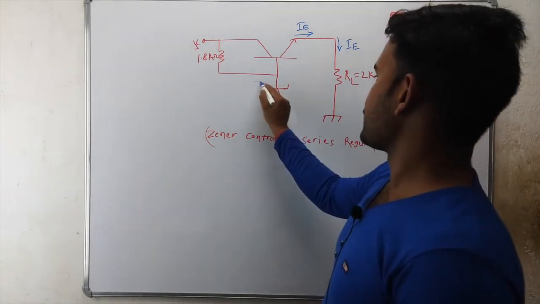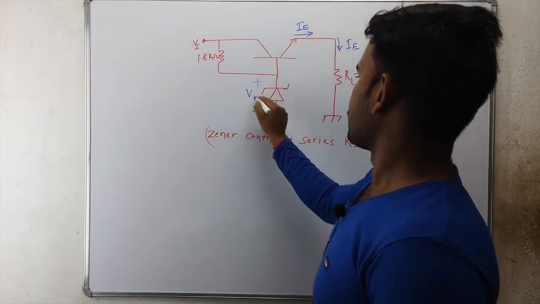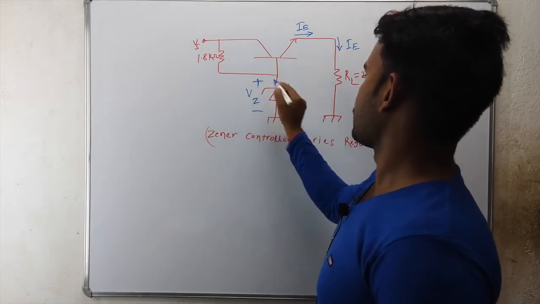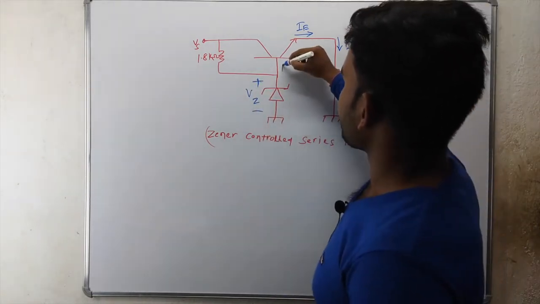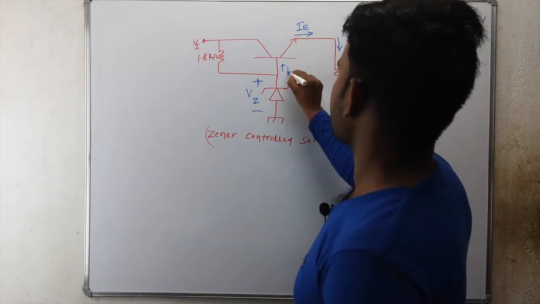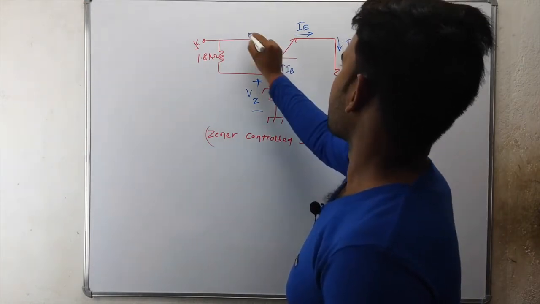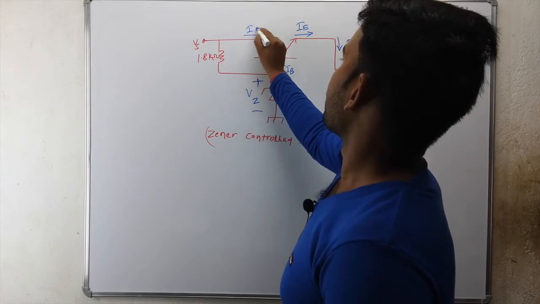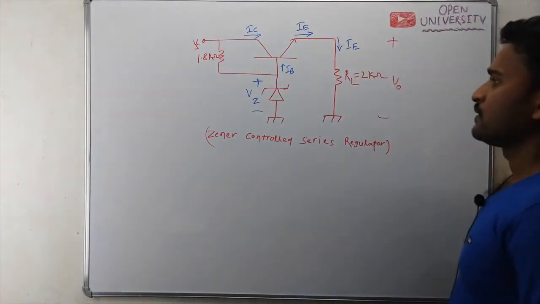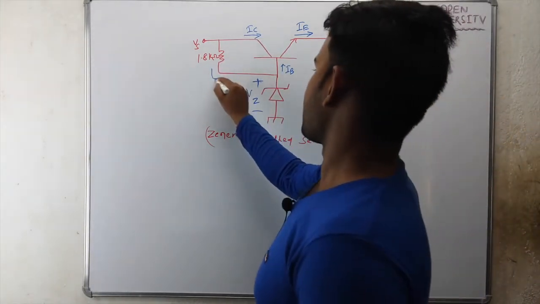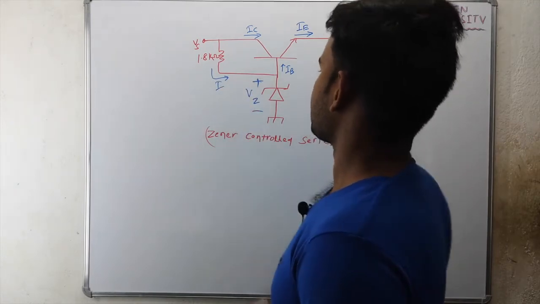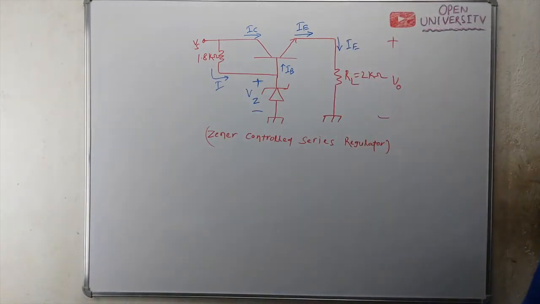And this is your VZ, voltage across Zener, and this will be your IB, and this will be your IC. Let the current through this resistance be I.